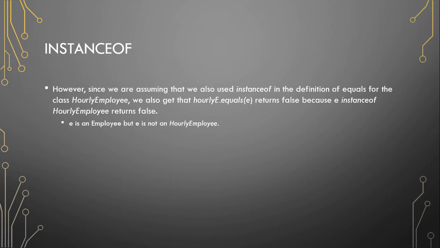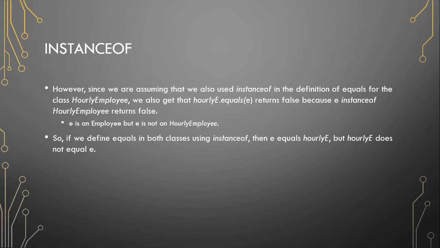However, since we're assuming that we also use instanceof in the definition of equals for HourlyEmployee, hourlyE.equals(e) returns false because e instanceof HourlyEmployee will return false. Remember, e is an Employee, but e is not an HourlyEmployee.